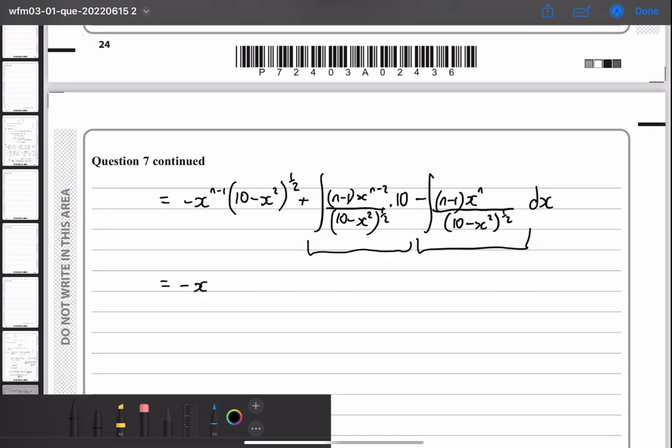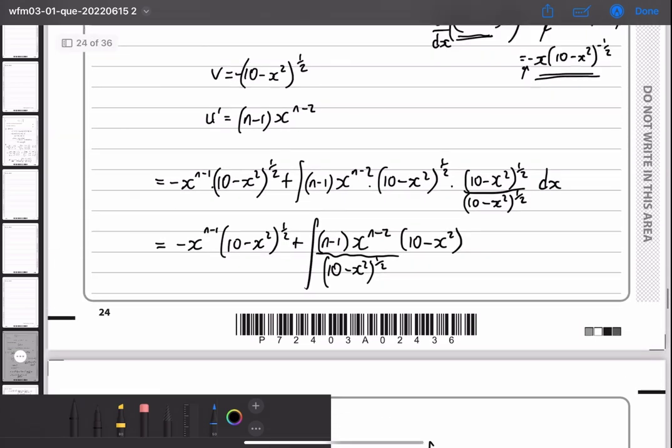This is minus x to the n minus 1, 10 minus x squared to the half, and then this is 10 lots of n minus 1 times an expression that is I n minus 2, and then we've got minus n minus 1 lots of an expression which is exactly what we started with, I n, and all of this on the left hand side is equal to I n because that's where we started way back up here.